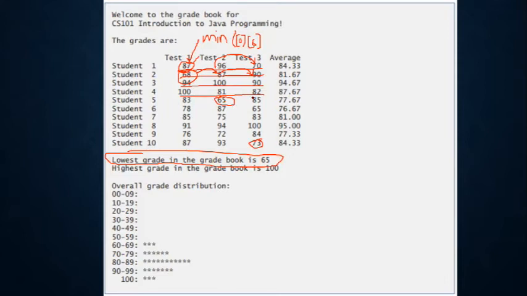And if we compare it to the next values and every comparison returns true, then 65 is our lowest grade. That's how we find the minimum value of our grades in this array. Okay, so let's get into coding.